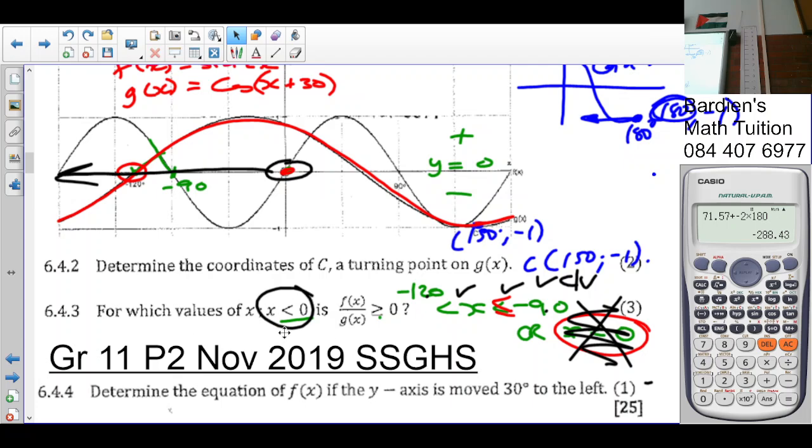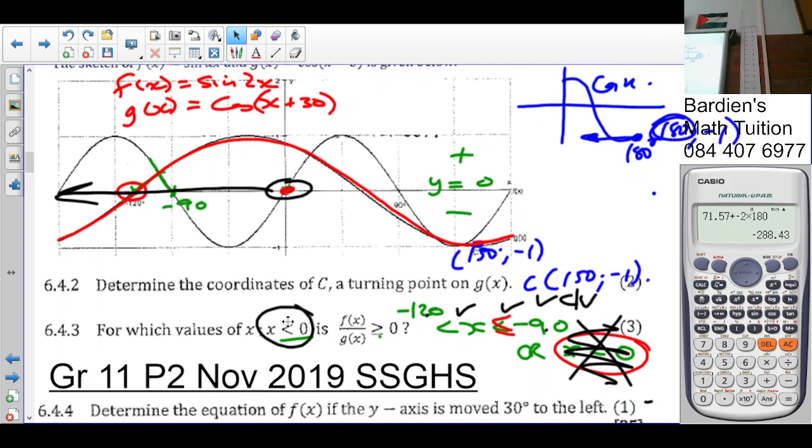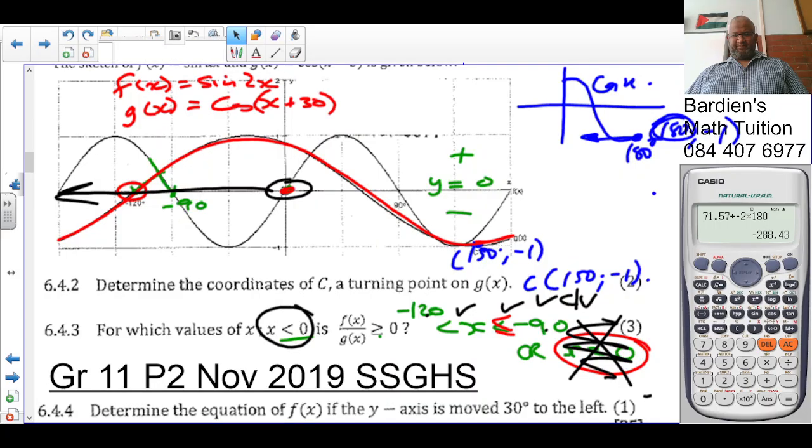Let me just check with you. We are asked to determine the equation of f of x if the y-axis moves 30 degrees to the left. It's the same as moving the graph 30 degrees to the right.